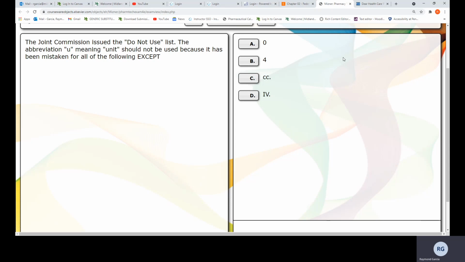D? C? Abbreviation U has been mistaken for zero, the number 4, or CC. So it has not been mistaken for ID. Interesting.